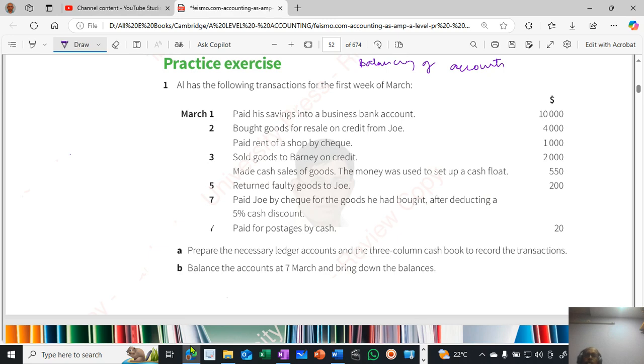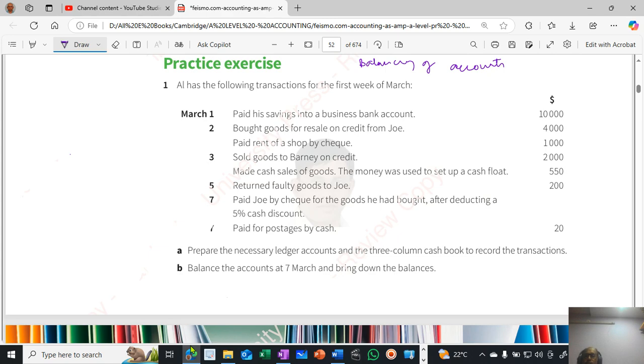This is the last step before preparation of the trial balance. After this, we'll be preparing the trial balance. Before that, you should know how to balance the ledger accounts, because the trial balance is prepared on the basis of balances of ledgers.